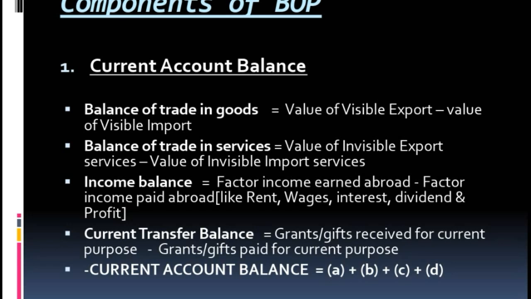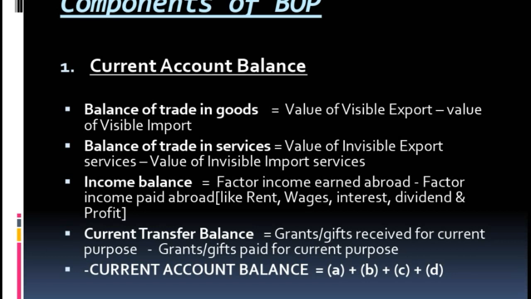Current account balance is the sum total of balance of trade in goods, balance of trade in services, income balance, and current transfers, that is A plus B plus C plus D. If the sum total of all these four elements coming under the current account is a positive figure, then we can say that the current account is a surplus.